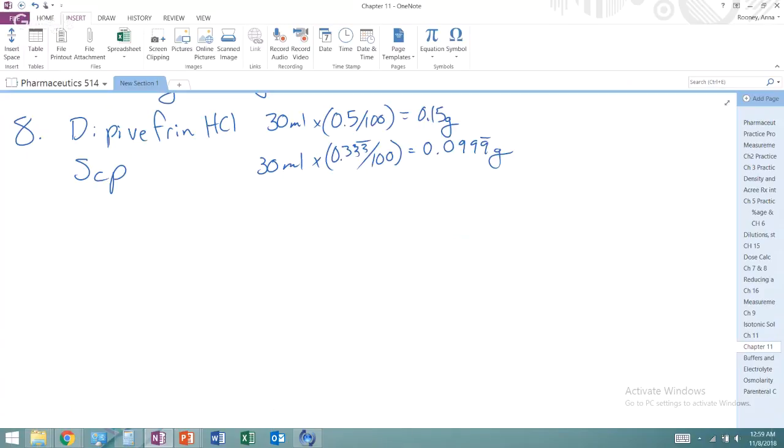So the equivalence for diperphen is 0.15 grams times its E value, which is 1.5. That's your E. And then you find that that is 0.0225 grams NaCl.